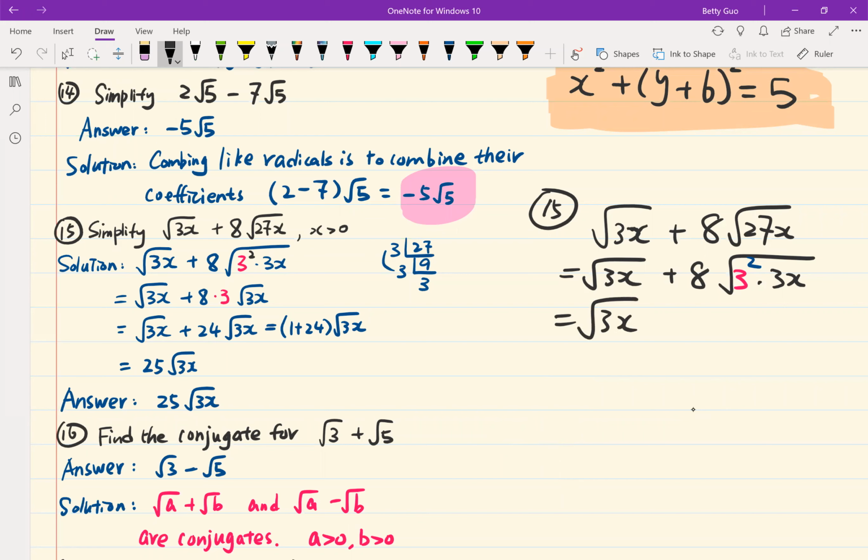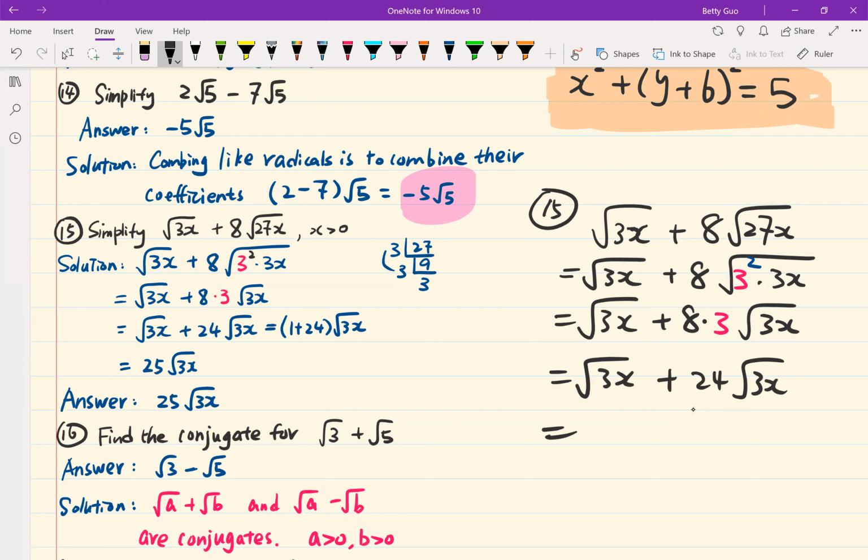So we have 8 times 3 here, and multiply by square root of 3x. 3x has to stay underneath the square root because 3x has no square on its shoulder. And that gives us square root 3x plus 8 times 3, 24.